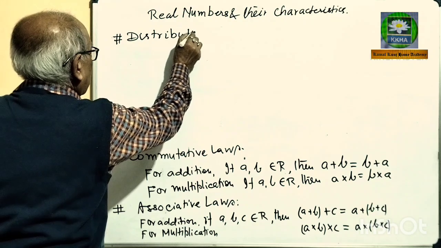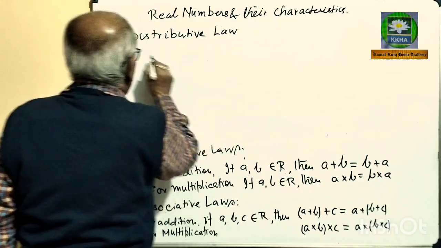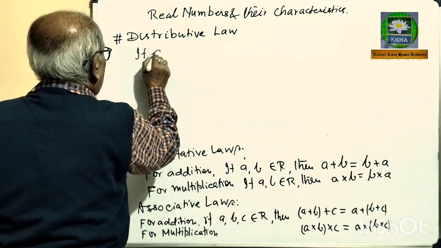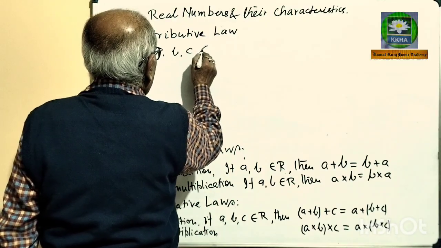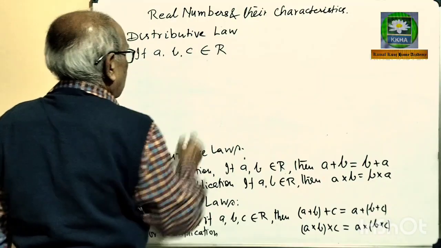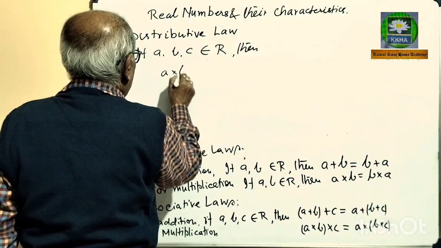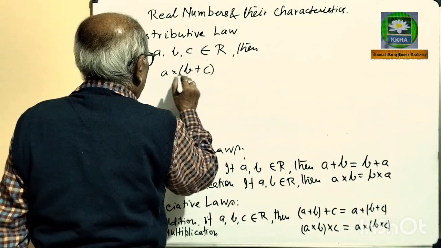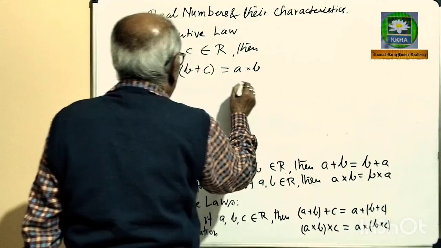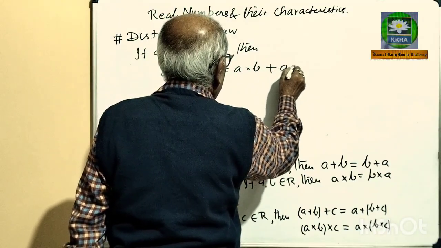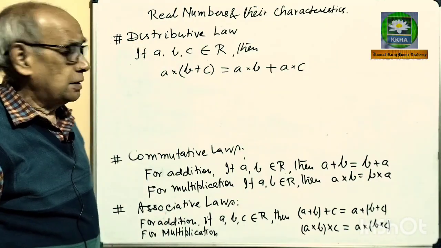If A, B and C are three real numbers belonging to R, then A multiplied by (B plus C) is equal to A multiplied by B plus A multiplied by C. This is distributive law of multiplication over addition.